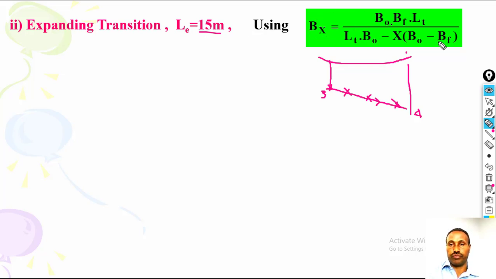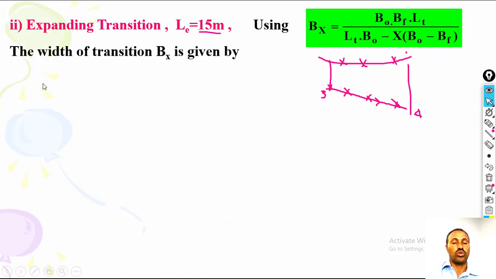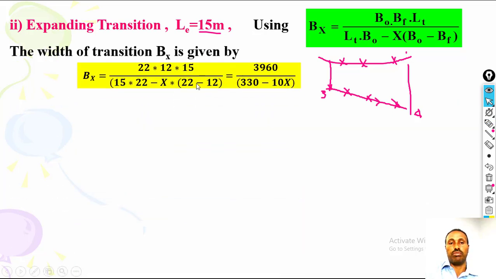So you have a similar equation, but you will use the length of expanding transition. So you are going to plot this one. Clear? So the width of transition Bx is given by this one. You substitute the length of expanding transition into the same equation, and you get this.